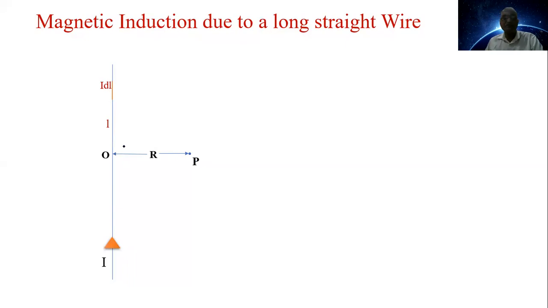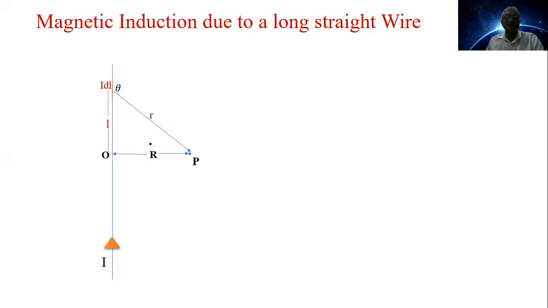Suppose this element is at a distance L from O. Point P is at a distance r from the current element. Let us suppose the angle made by this current element and the line joining the center of the element to the point is theta.